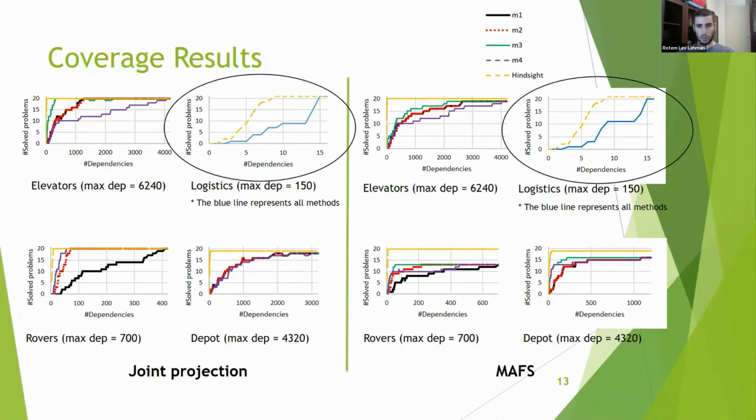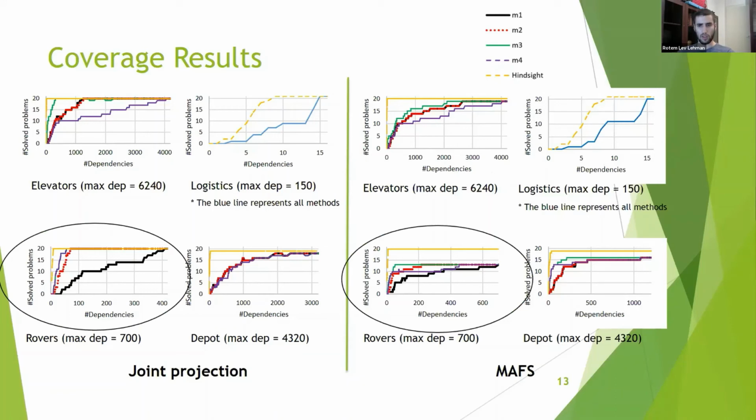In the logistics domain, all of the methods perform the same. This is due to the domain having only one public fact for each action, causing all of the methods to choose the same dependencies to publish in the first dependencies, leading to a solution. In the rovers domain, the joint projection planner and the MAPS planner perform differently regarding the M4 heuristic.